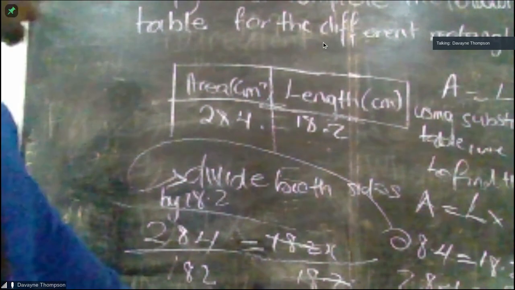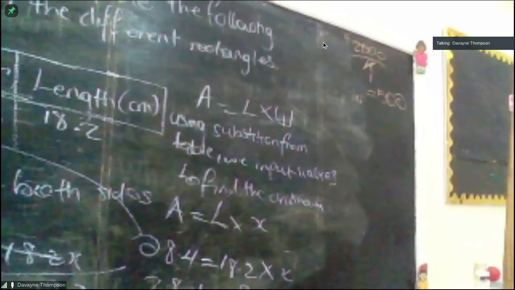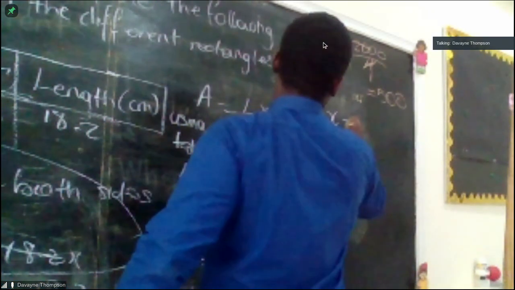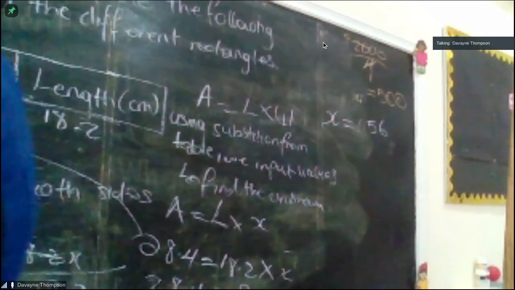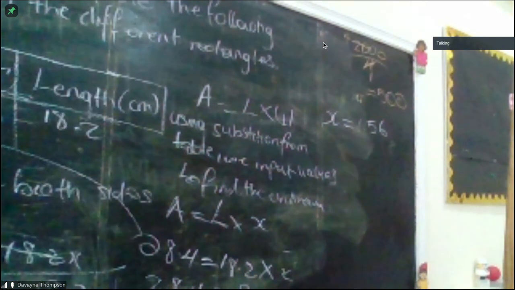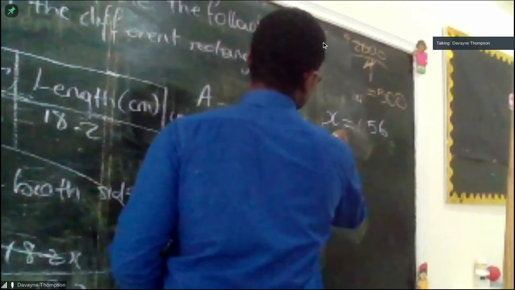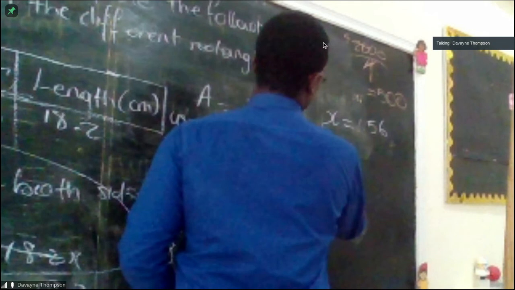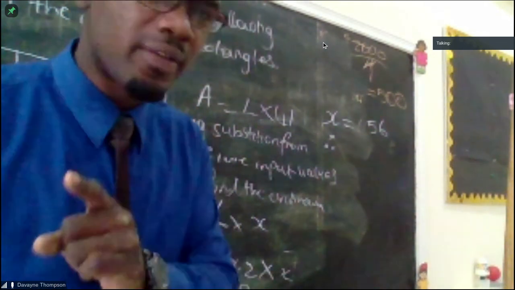So what we're gonna do now, I want Annalise to tell me what X equals 1.56 means. What does it mean, Annalise, based on the question overall? What does it represent? The width. So I'm gonna put the 3 dots, remember the lovely 3 dots? I'm gonna say therefore the width of the rectangle is 1.56, just that?